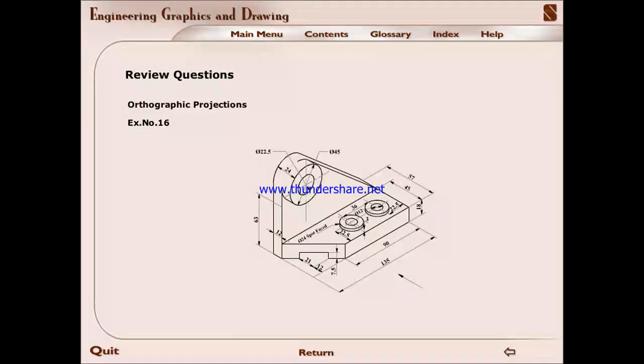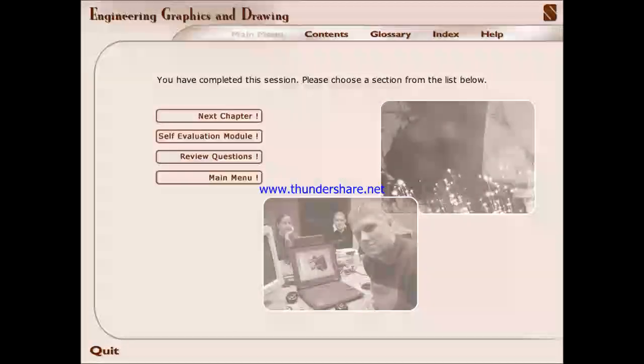So these are very important, and these are all the orthographic projections that come in previous examination questions. So in this way, we will learn orthographic projections, which are given the most importance in engineering drawing and machine structures.